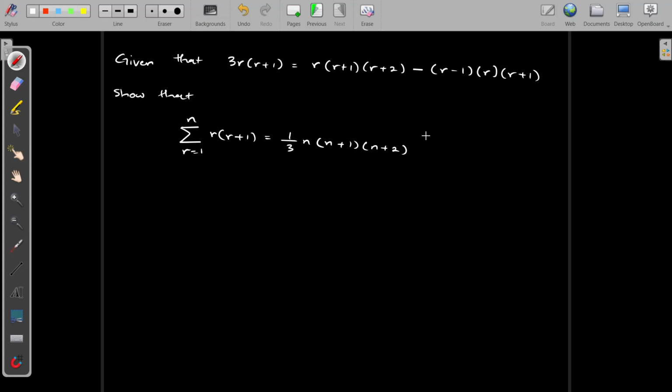All right. So they want us to prove this. So we're going to have to use the right hand side to do something. All right, so show that this is equal to this. So since 3r is equal to all of this, so I guess they would have multiplied both sides by 3.